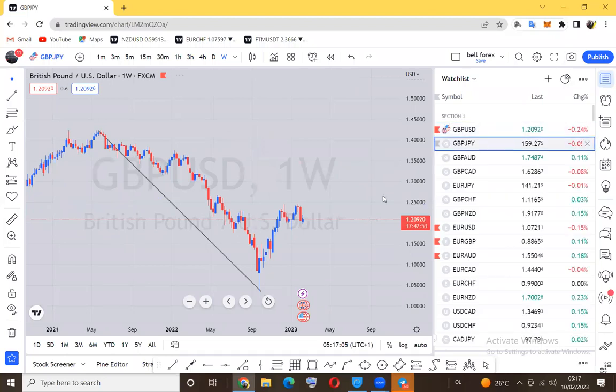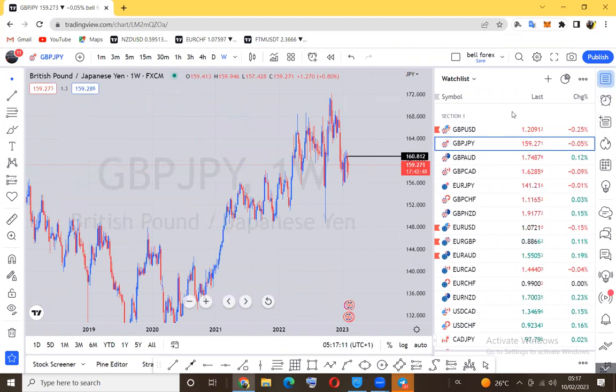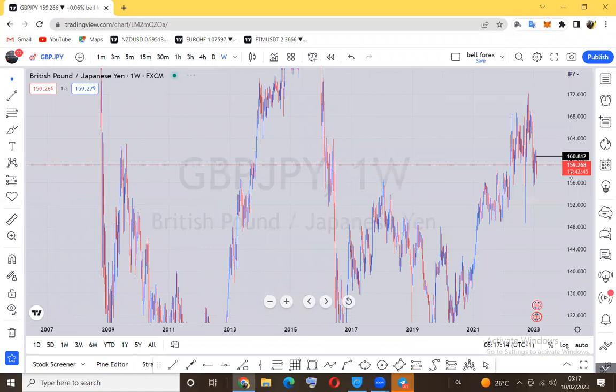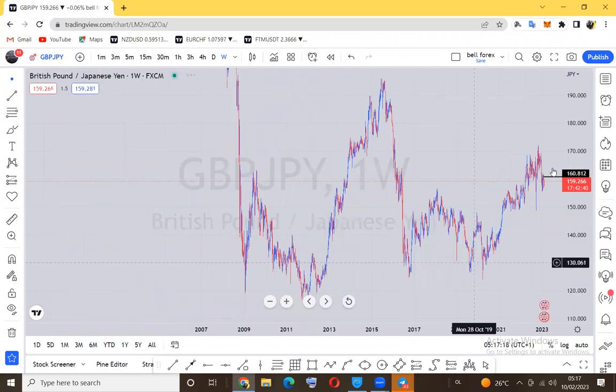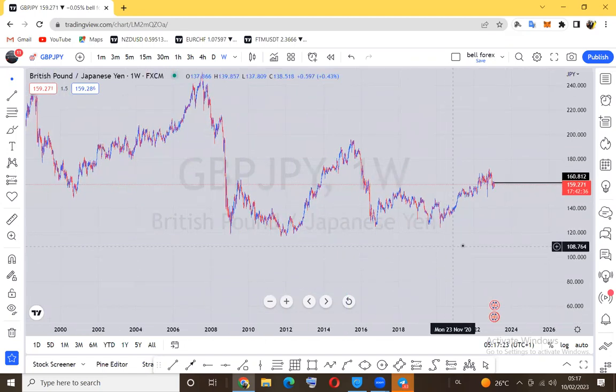Let's go for GPJPY. We are on the weekly chart. So I want to understand something. I put up the GPJPY chart and I can enlarge it for a while. I can try to map out the circle that was there.